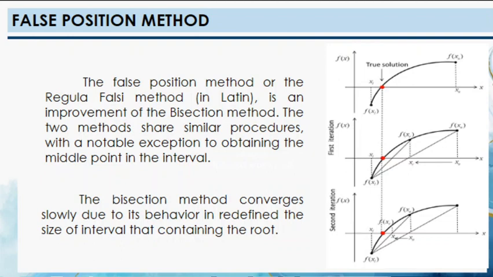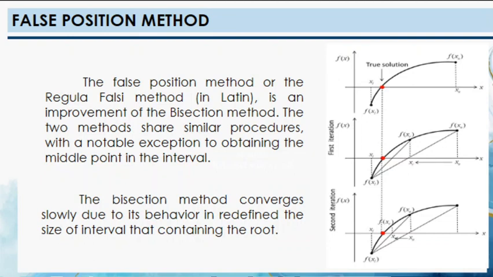So the false position method, or the regula falsi method in Latin, is an improvement of the bisection method. The two methods share similar procedures, with notable exceptions in obtaining the middle point in the interval. Ibig sabihin lang niyan, yung procedure in determining the roots of an equation is the same with the bisection method.